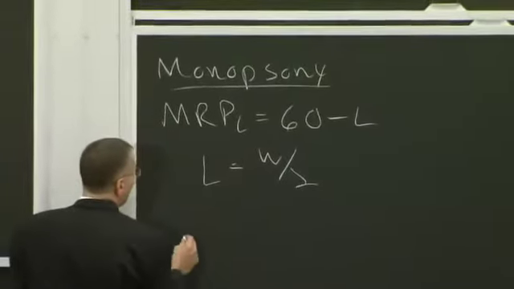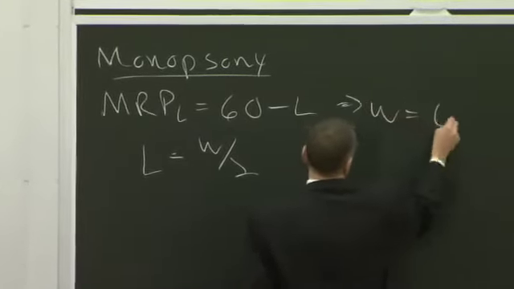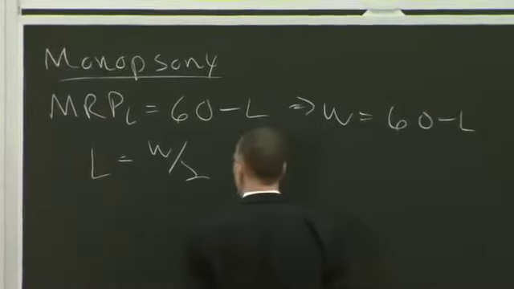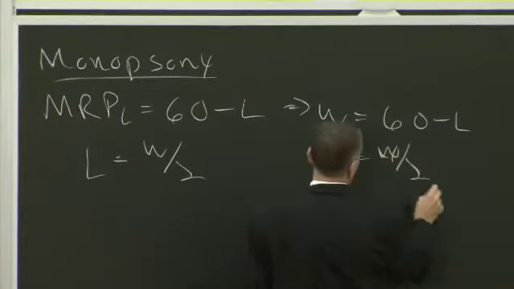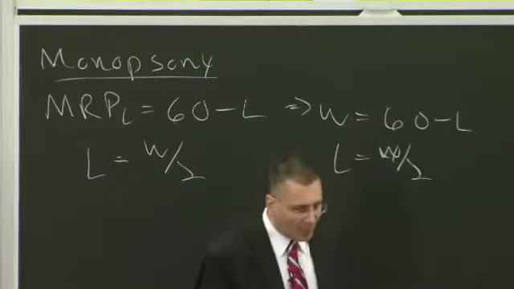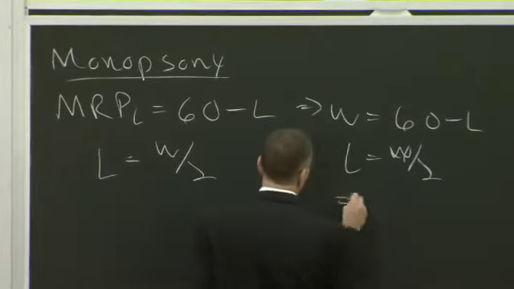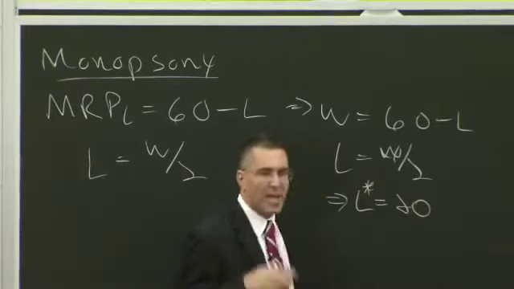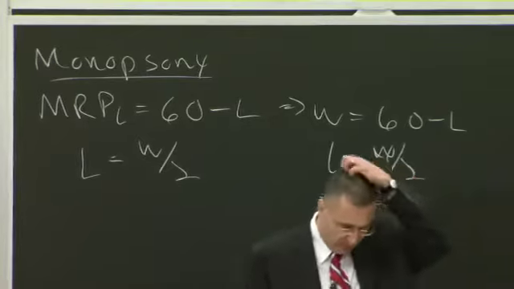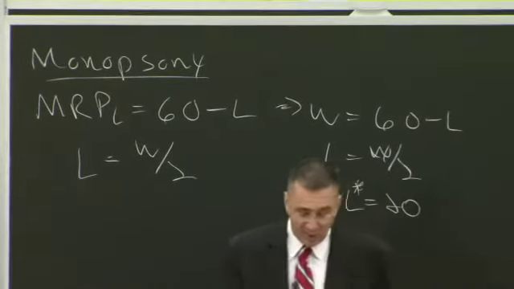Firms are going to set the wage equal to 60 minus L. Labor supply is L equals W over 2. Okay? So we have two equations and two unknowns. We can solve and get that the amount of labor in the competitive case is 20 units. 20 hours, 20 days, weeks, whatever. Okay? 20 units. That's the competitive outcome.